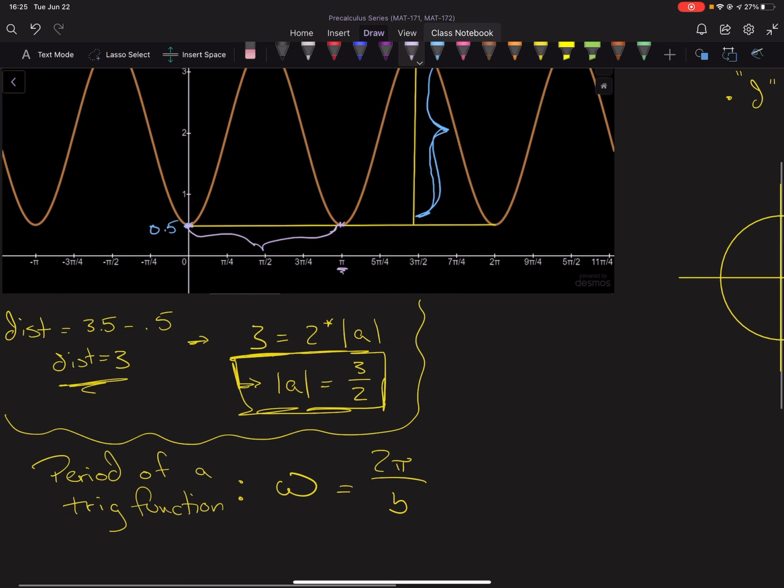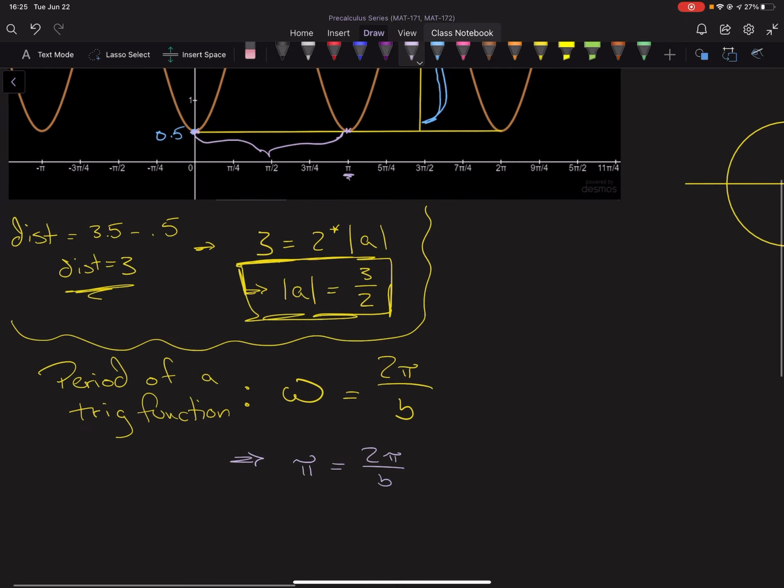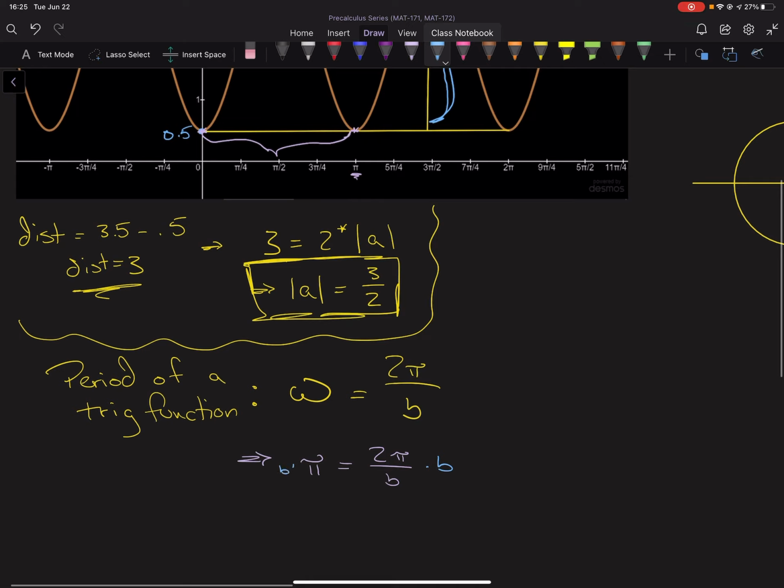So using that information, we can substitute that into this equation we have for the period of a function. We can say, hey, it takes pi units to travel a complete oscillation. We can determine b by solving for b. Multiply both sides by b. This would cause b to cancel on the right-hand side.